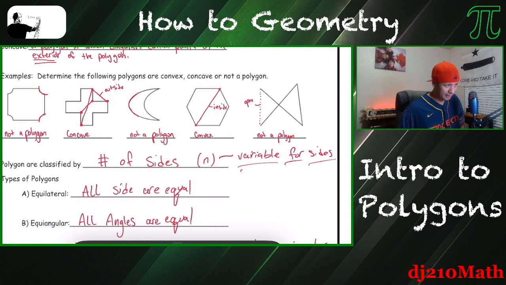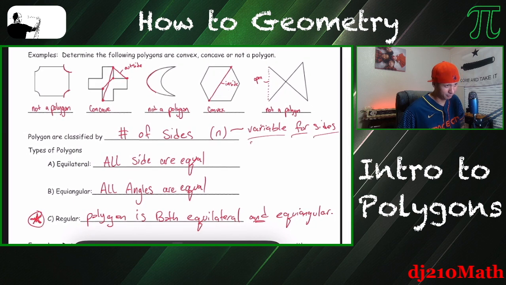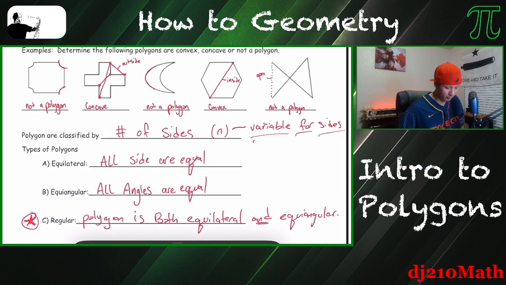Okay, the three types of polygons. Technically, there's four, but the three that we're looking at: equilateral, equiangular, and regular. So equilateral, all sides are equal. And equiangular, all angles are equal.